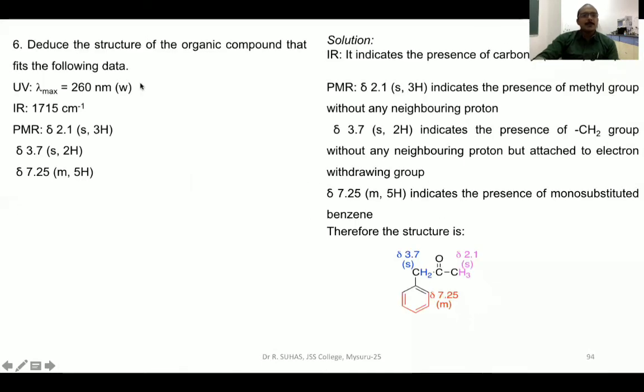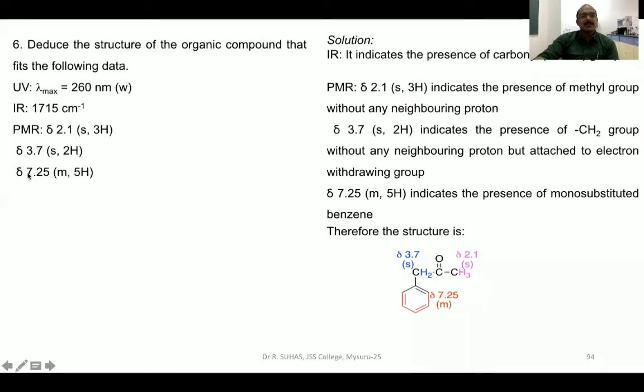The next problem, deduce the structure of the organic compound that fits the following data. UV 260, and it is telling it is a very weak peak. IR 1715, carbonyl stretching frequency. PMR delta 2.1 singlet 3H, delta 3.7 singlet 2H, 7.25 multiplet 5H.